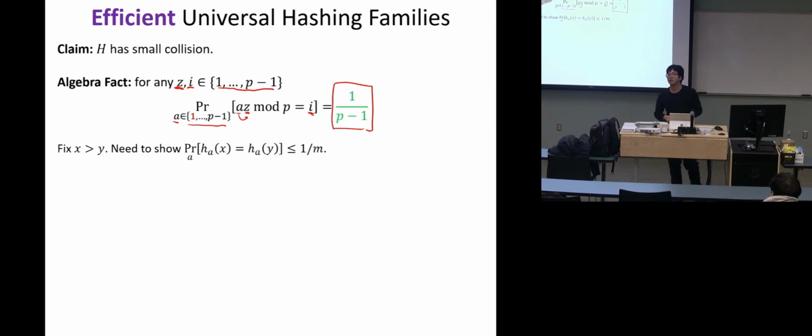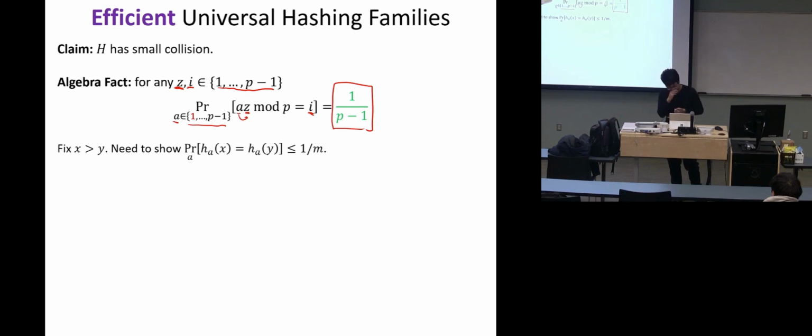So there are exactly p minus 1 elements in that group, so it's obviously 1 over p minus 1 if you know that fact. That might be an easier way to prove this. Or, if you have prime p, then any number mod p is coprime to it, so there's an inverse.